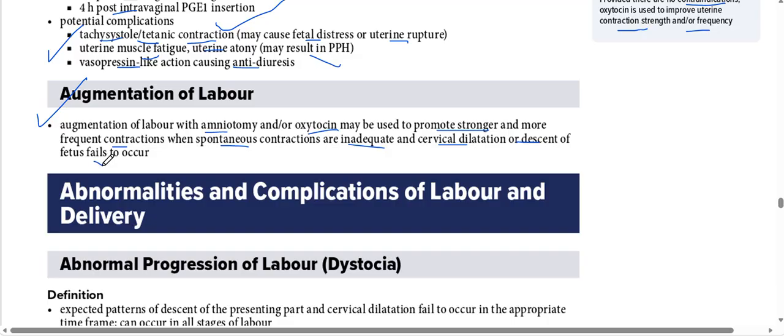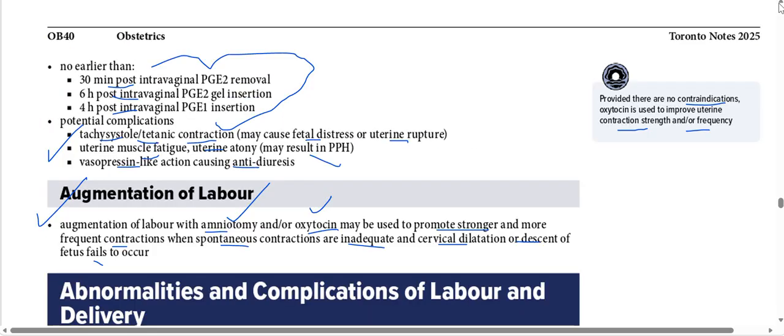So for augmentation of labor we use the same things: we do amniotomy and we use oxytocin. They are not only meant for after induction of labor. We do these things to promote more powerful and strong contractions that can help in easy delivery of the fetus and placenta, and also help in cervical dilatation and descent of the fetus.